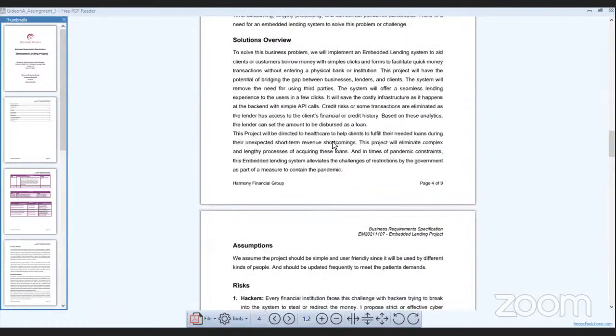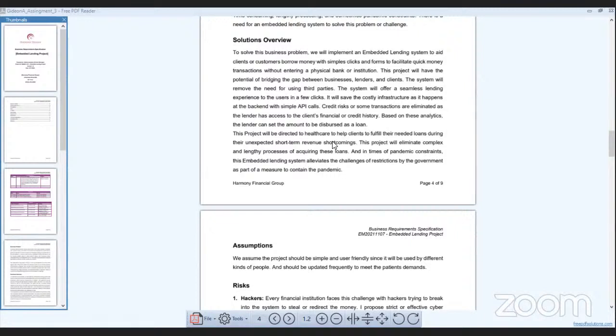So with the solution overview, to solve this business problem, we implement an embedded lending system to aid the clients, customers, or in this sector, we are talking about patients, to borrow money with simple clicks and forms to facilitate quick money transactions without entering a physical bank or let's say financial institution.